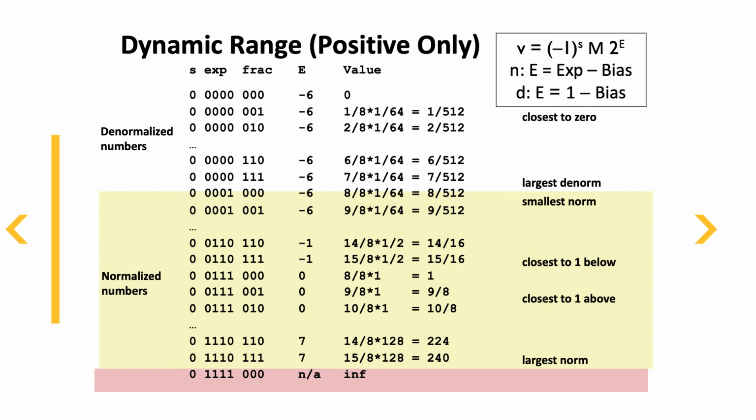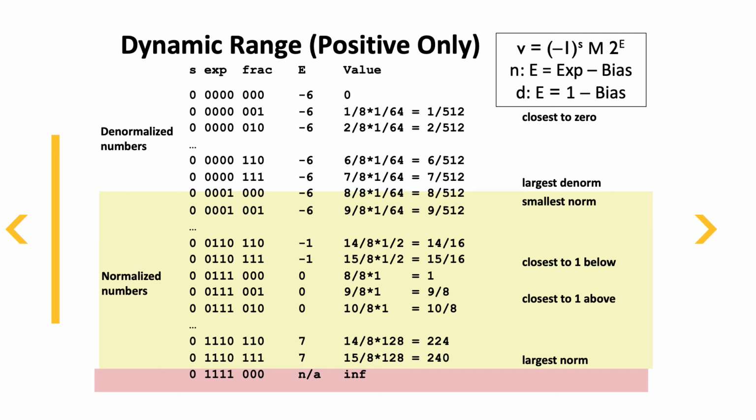All of the exp bits are 0. So we move on through and we get up to 7 over 512. 7 512ths ends up being our largest denormalized value with this arrangement of fields. Keep in mind that our significand is always less than 1, because we have an implied leading 0 instead of an implied leading 1, and that gets us up to 7 512ths.